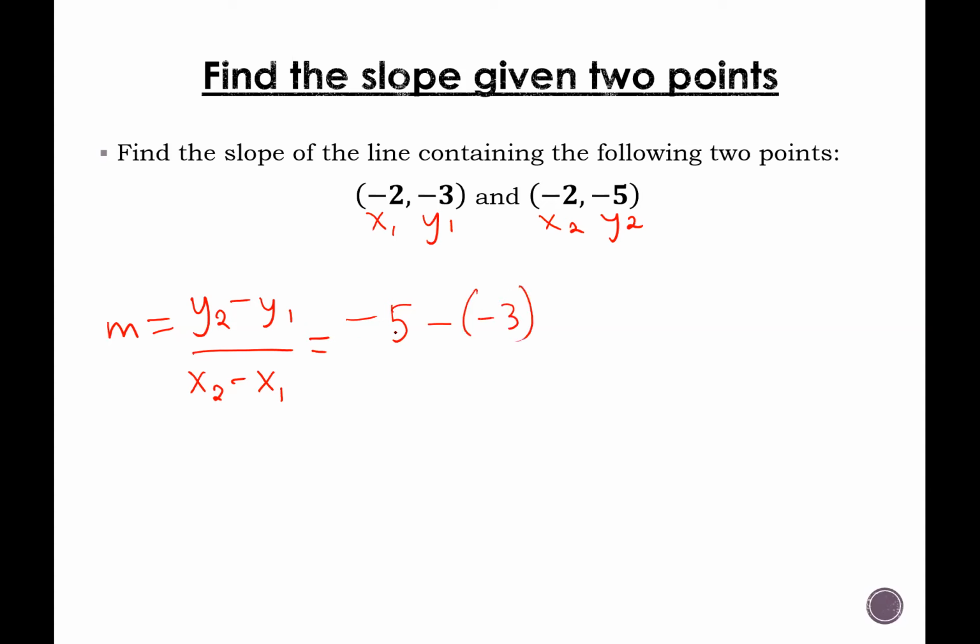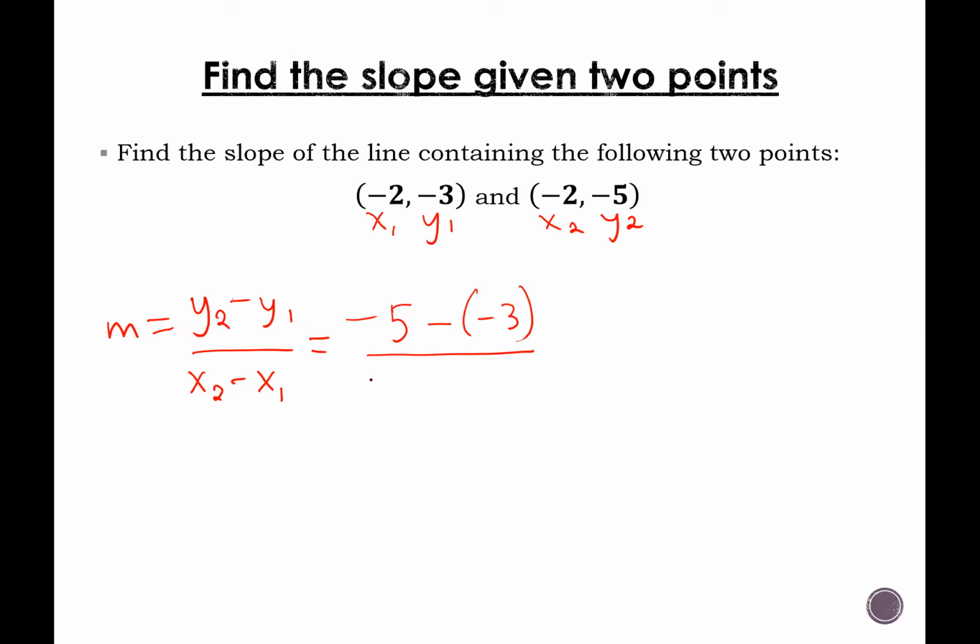So I'm writing -5 minus -3. Notice I did not write -5 minus 3. That's different. So we need the minus sign from the formula, and also y1 happens to be a -3. So again, just be careful with your signs. Same thing's going to happen down here with the x's. x2 minus x1, that's -2 minus parentheses -2.